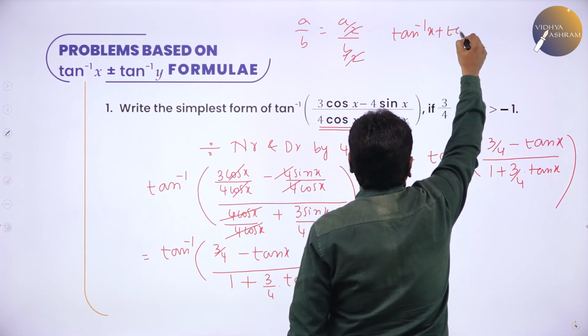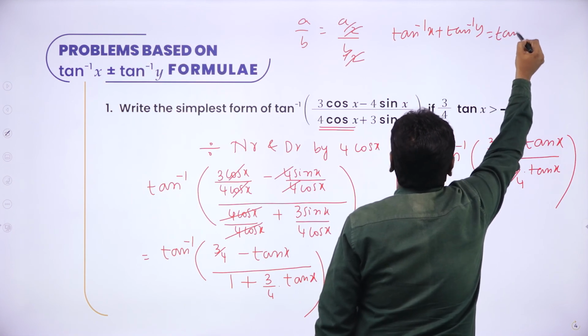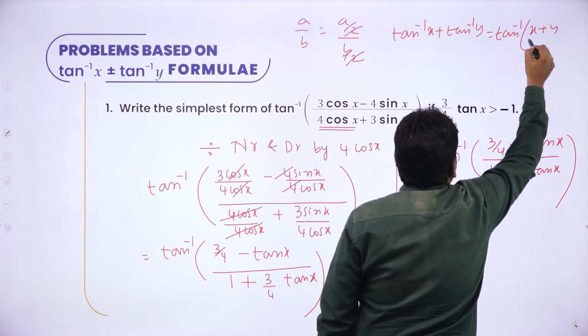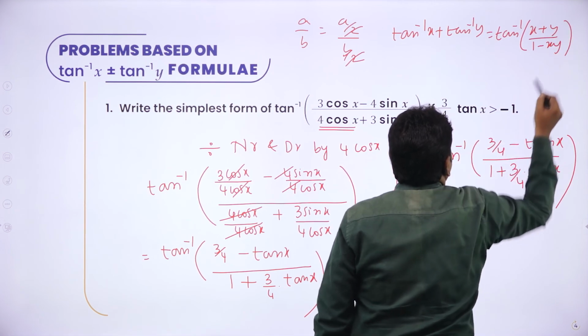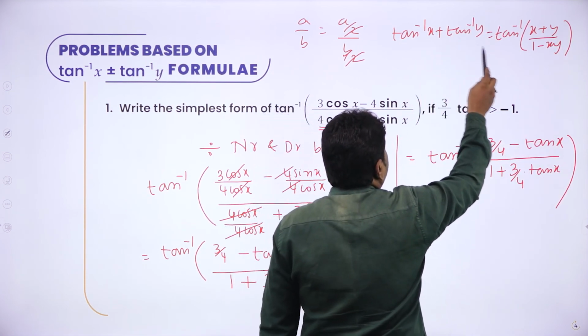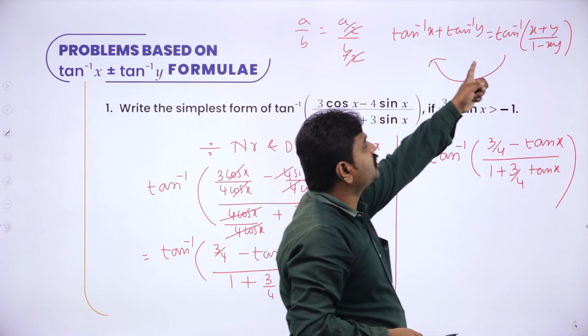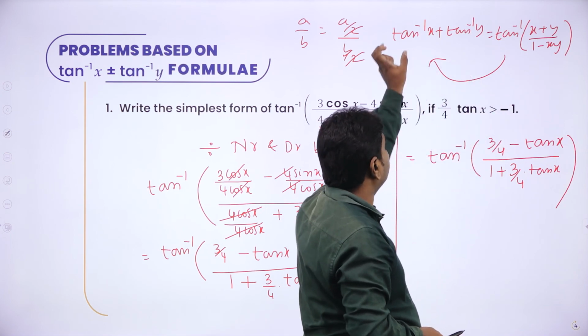What is tan inverse x plus tan inverse y? It is equal to tan inverse of x plus y by 1 minus xy. How is that? Please understand, tan inverse x plus tan inverse y can be compressed like this. Can I expand like this? If you have tan inverse of x plus y by 1 minus xy, you can write tan inverse x plus tan inverse y.